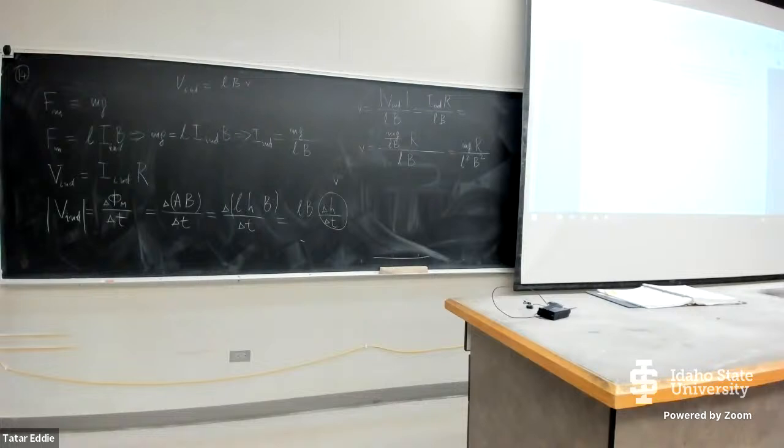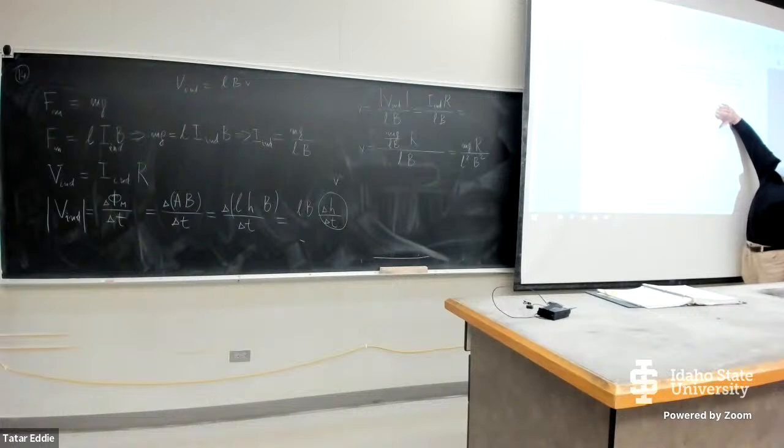So look, the torque is going to be 0 in this case. At this instant, with the orientation of the loop the way it is, you can figure it out the following way. Take some direction for the current.